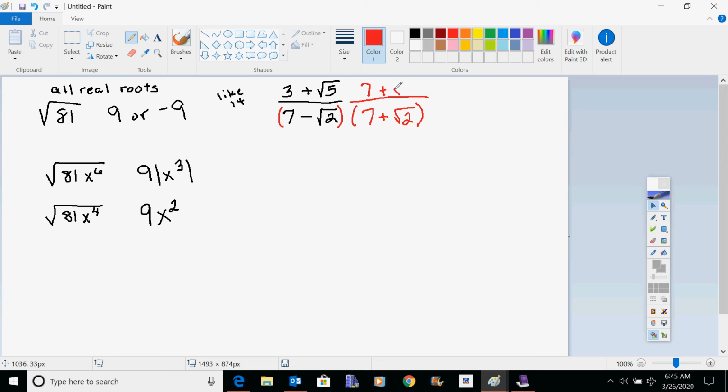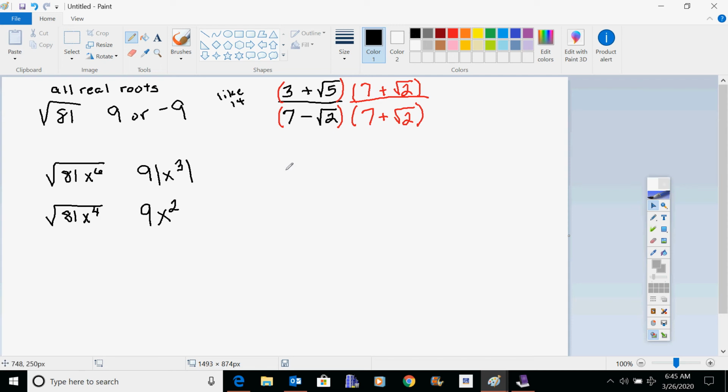Somebody else had asked about rationalizing the denominator, so I think that I'm covering both of your questions with this. We also have to remember that these are technically grouped because our big fraction bar acts as a grouping symbol. So let's multiply these out.